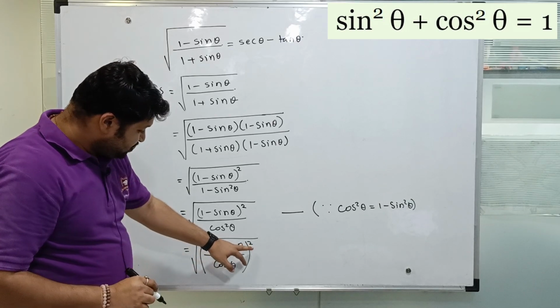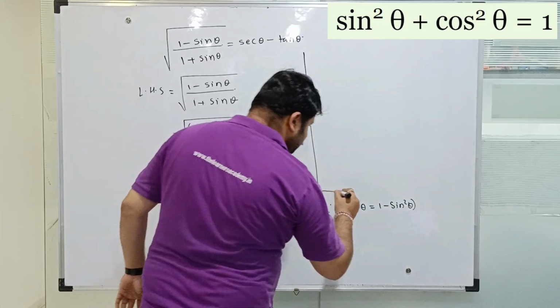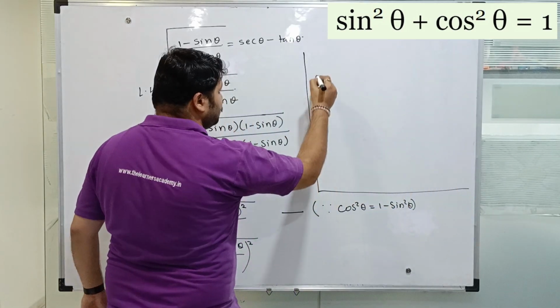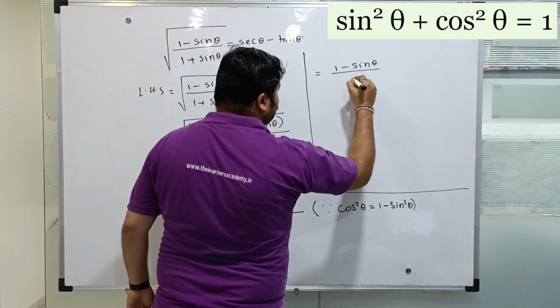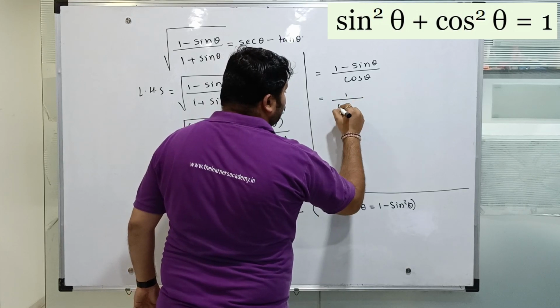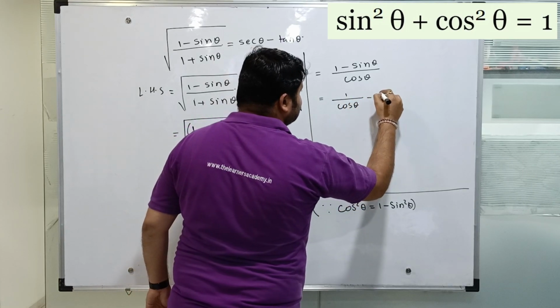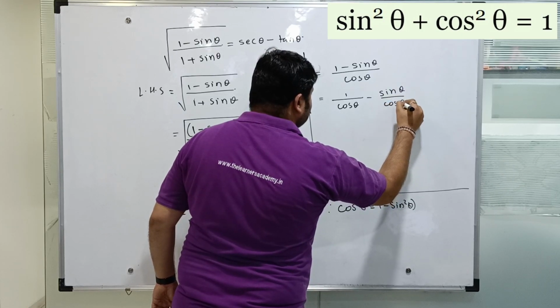Now I can cancel the square and the square root and write it as 1 minus sine theta upon cos theta, or that is equal to 1 upon cos theta minus sine theta upon cos theta.